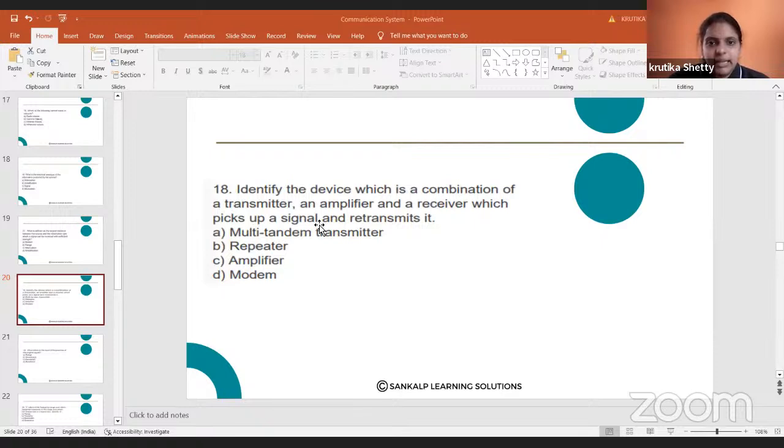Correct. A or B it is. Yes, right. So very good. That is option B. Repeater is the correct option here. Repeater is the correct option. B is correct. Then the next question.